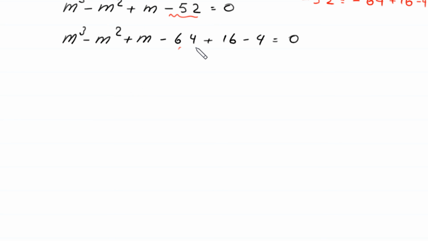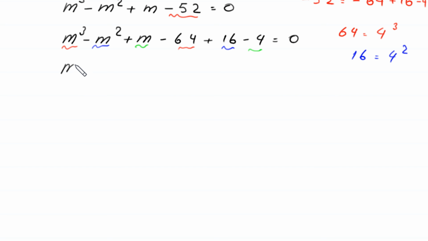Now 64 is the same as 4 cubed, so we write this 64 with this m^3. And 16 is the same as 4 squared, so we write this 16 with this m^2. And we write this negative 4 with this m.